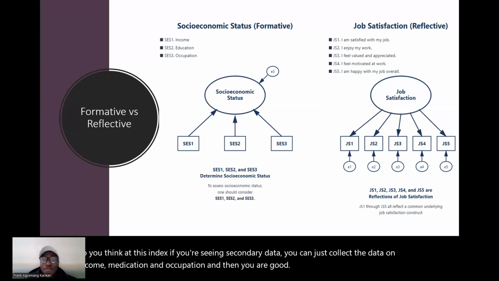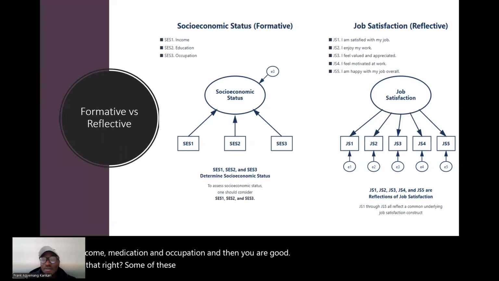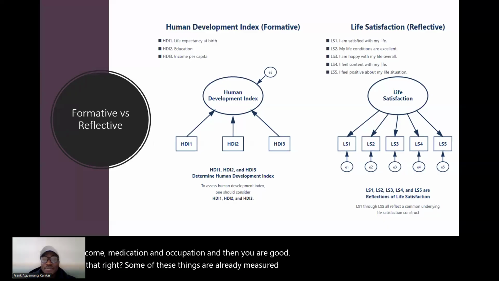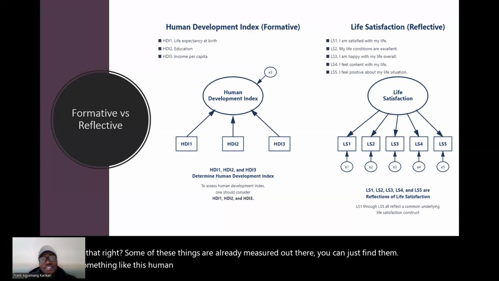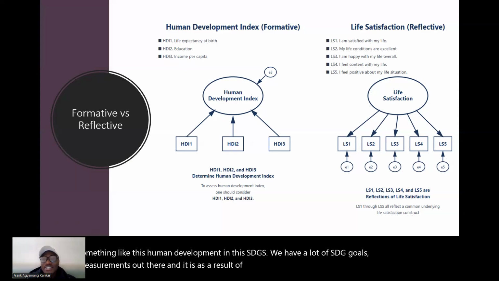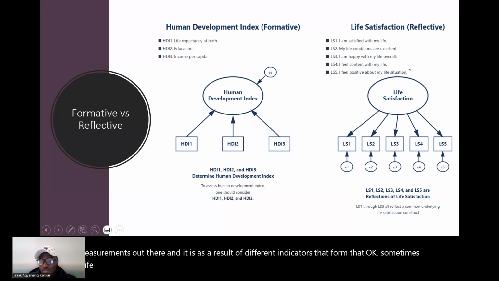Some of these things are already measured out there. You can just find them, something like the human development index, SDGs. We have a lot of SDG goal measurements out there, and they are a result of different indicators that form that. Something like life satisfaction is grouped under common themes, so we use reflective.